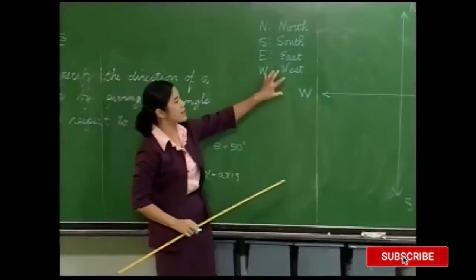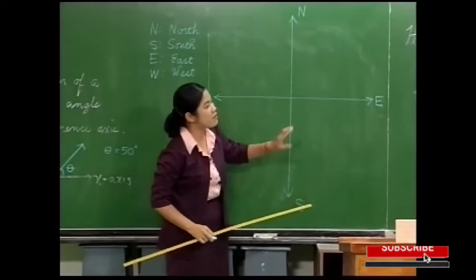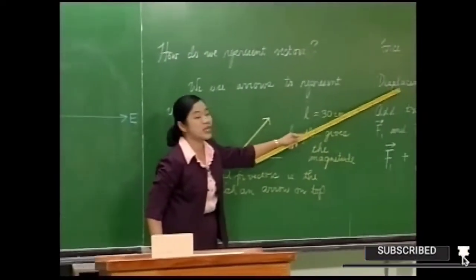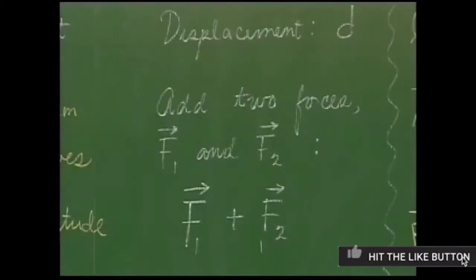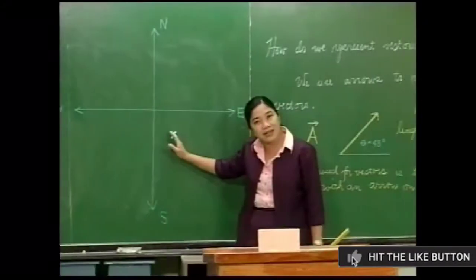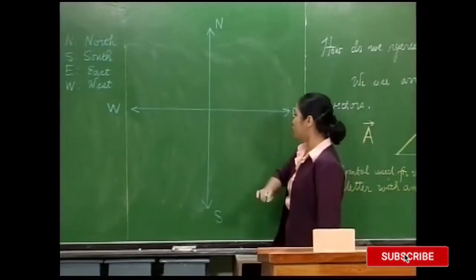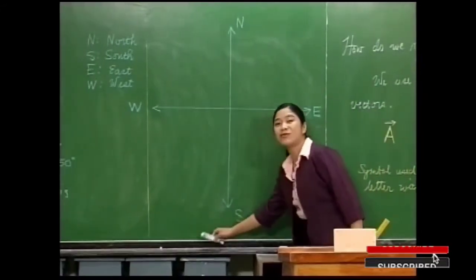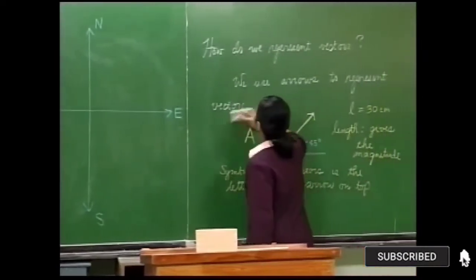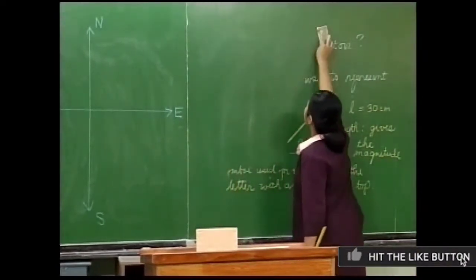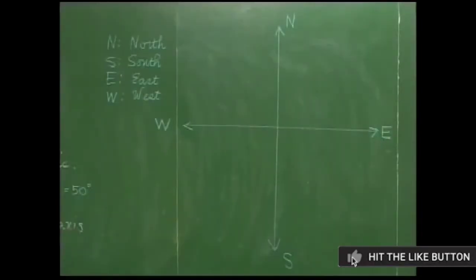We use this so that when we talk about displacements or change in position, then knowing this reference axis will make it simple for us. Okay, so for example, I will now give you some examples of displacements or vectors where you will make use of this.